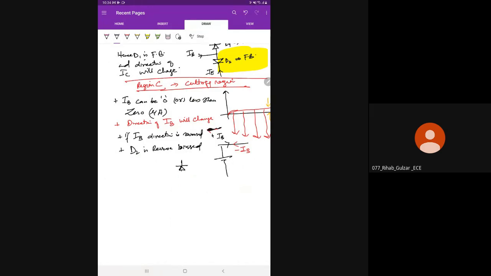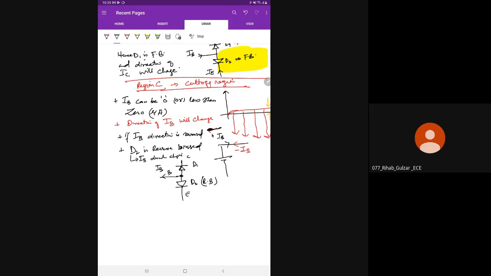So we have one diode between collector and base, and another diode between base and emitter. So you have emitter, collector, and base. This is D2 and it is reverse biased here. This is D1. If D2 is reverse biased, then the IB direction changes.